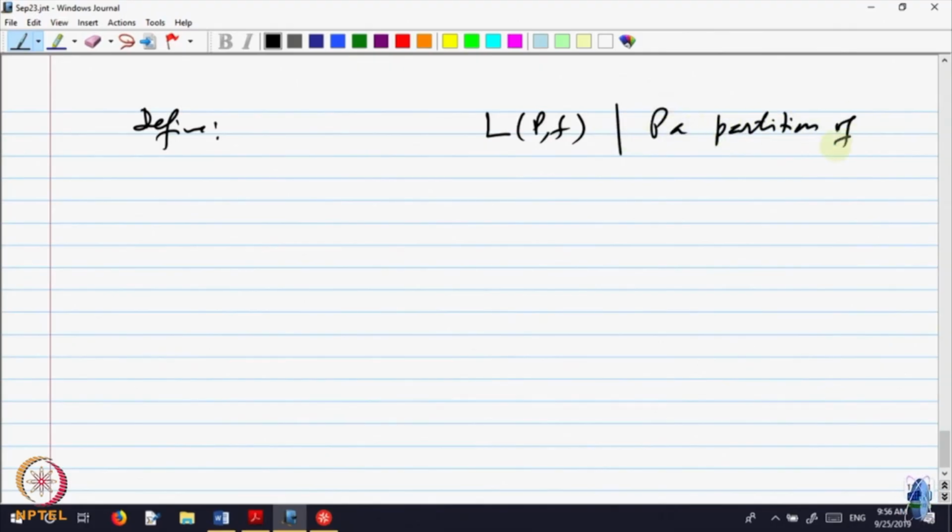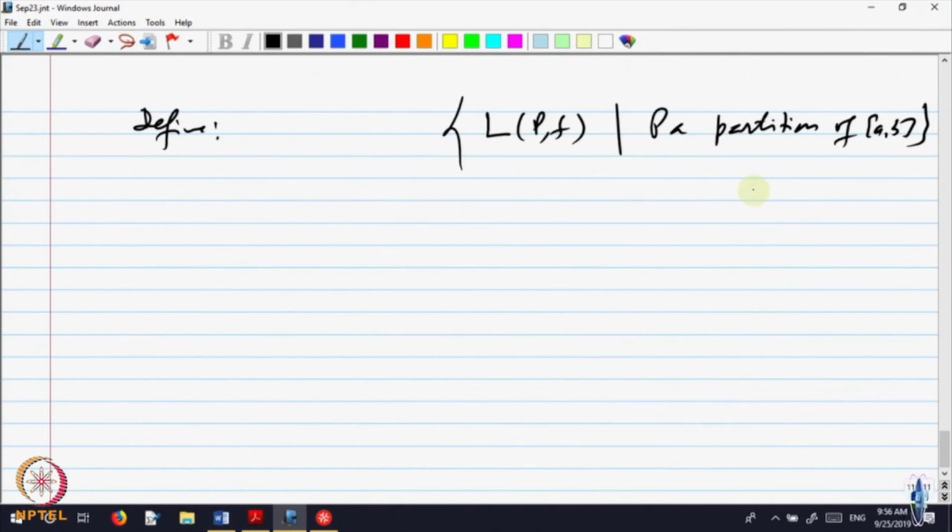So let us define, look at the lower sums with respect to P, a partition. As you refine, these lower sums will tend to increase. So if I look at this set of lower sums, this is a set which is non-empty, of course.